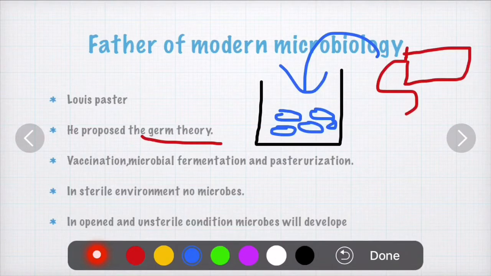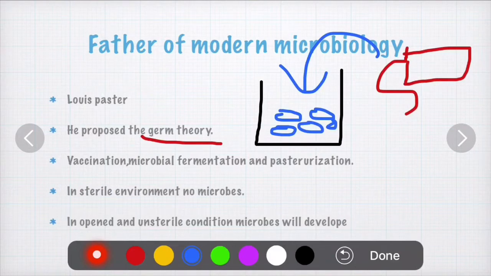So there will be a development of microorganisms on the surface of the food because the food got contaminated with the microorganisms.